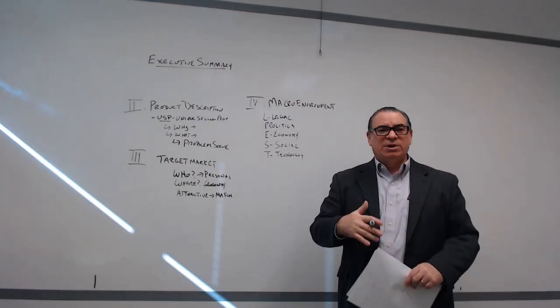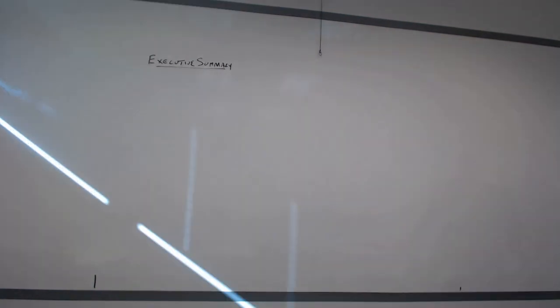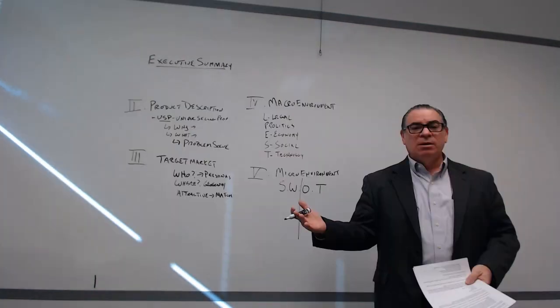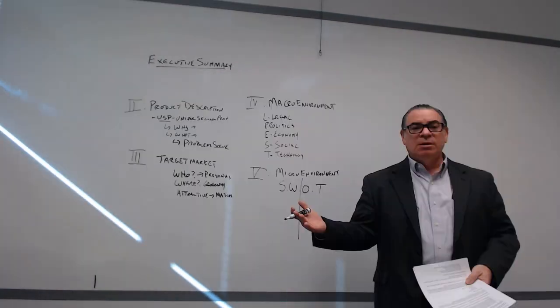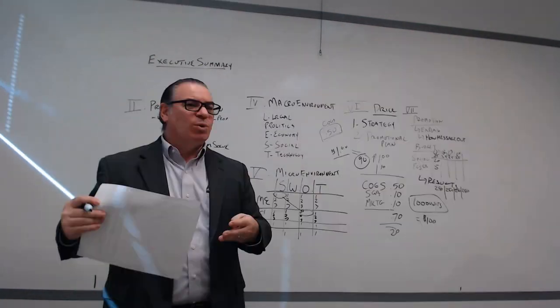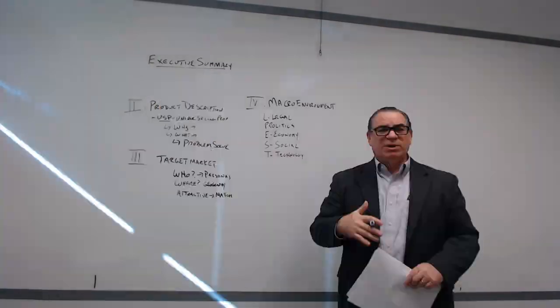And then lastly, we wrap it all up in a nice little executive summary, 1 or 2 pages, and every one of these sections is covered in the executive summary. So we're giving a brief product description, we're giving a brief explanation of why our product is so good, we're giving a brief explanation of our target market, the who and where, and then we're going into macro environment.